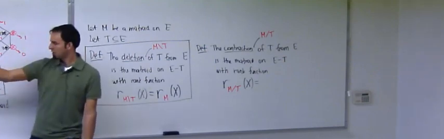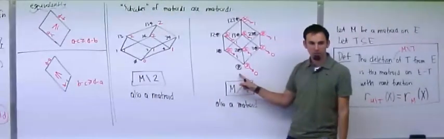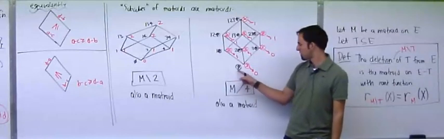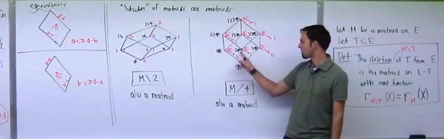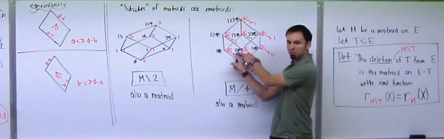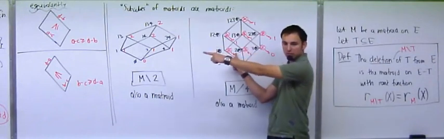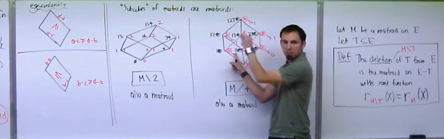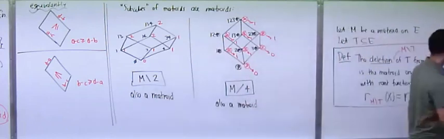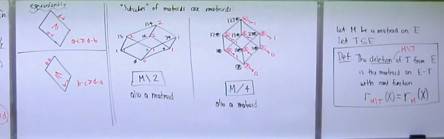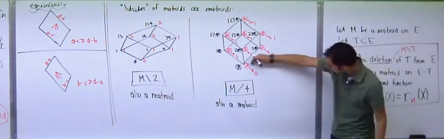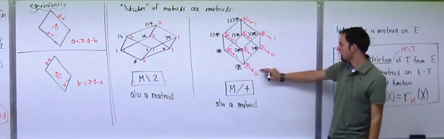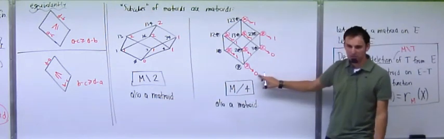In going from here to here, I deleted T, so when I want the rank of X here, I want the rank of X union T over there. But we made another correction, which was to subtract the rank of T, to shift the rank function so that it starts at 0.